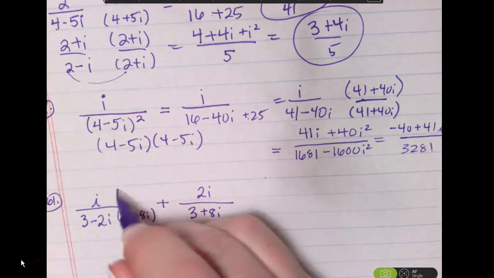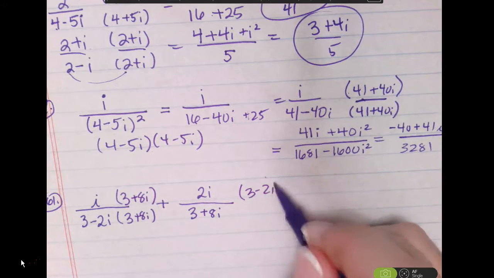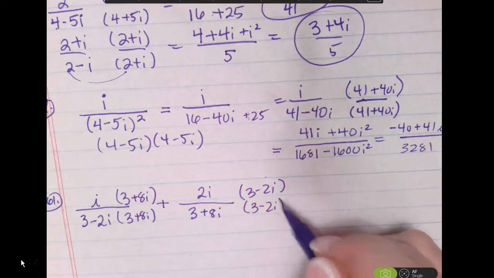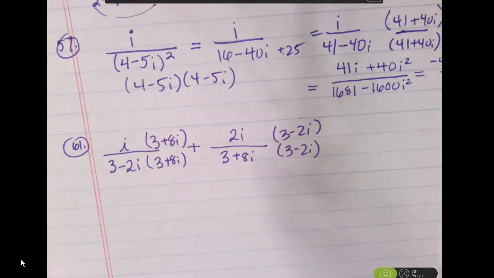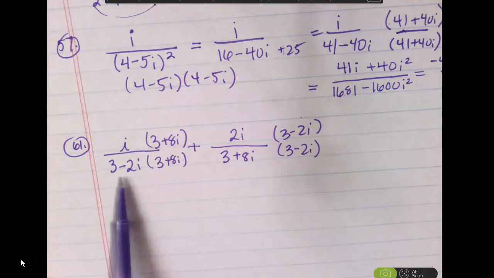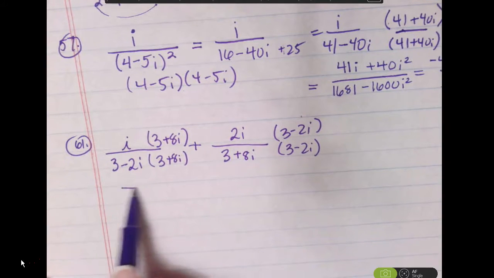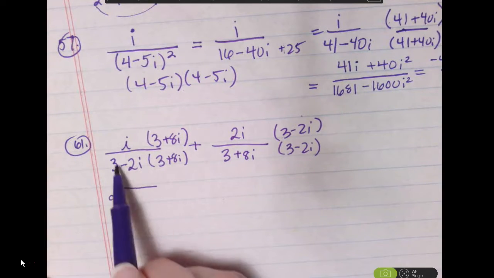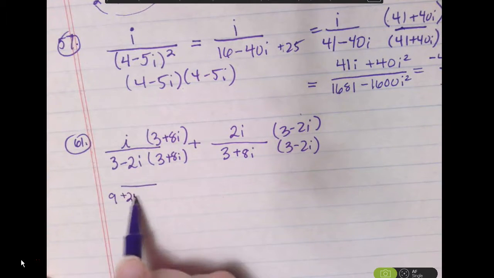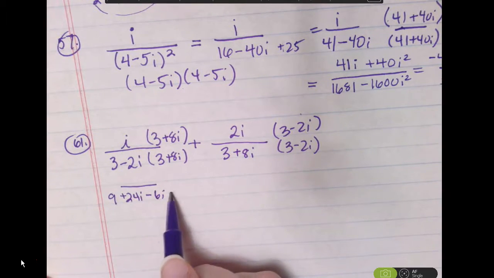So I'm going to multiply by 3 plus 8i over here on top and bottom, 3 minus 2i over here on top and bottom. So I really just have a bunch of imaginary number FOIL problems to deal with. So let's see what our new denominator is going to be. 3 times 3 is 9, plus 24i, minus 6i, minus 18i squared, which is plus 18.